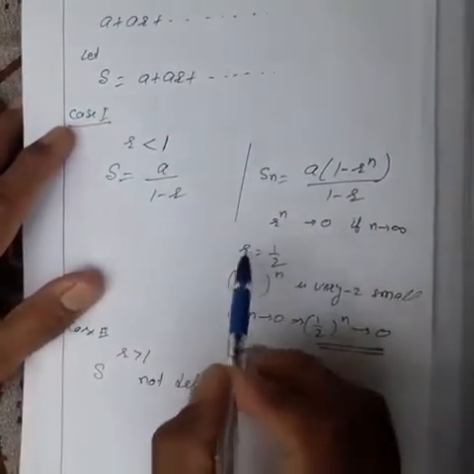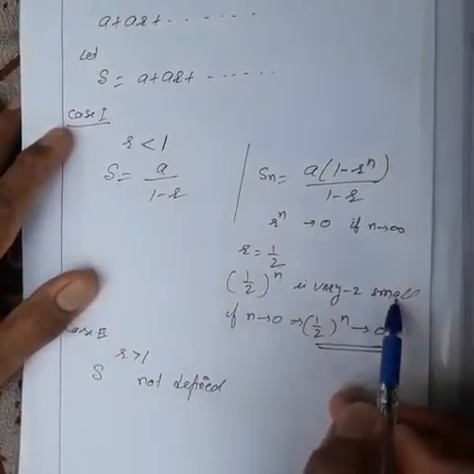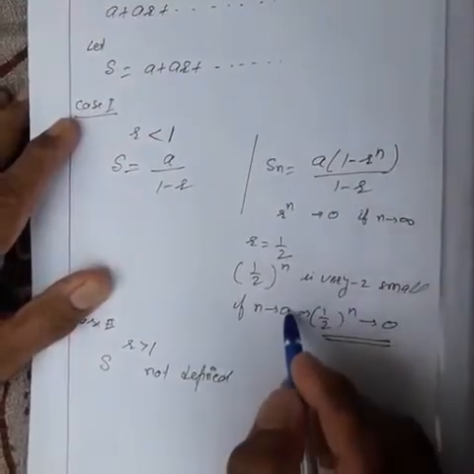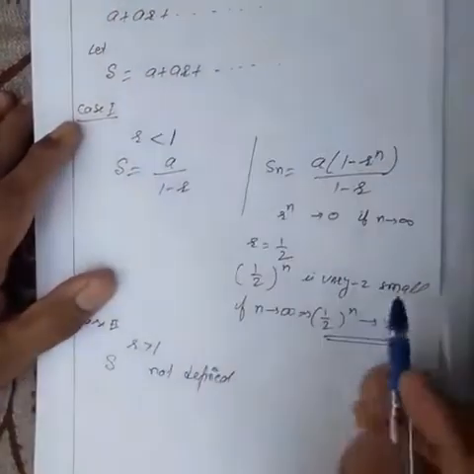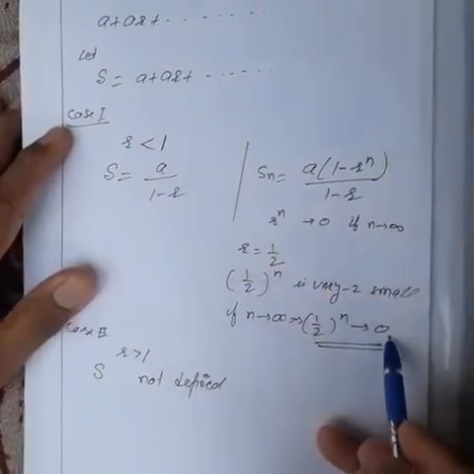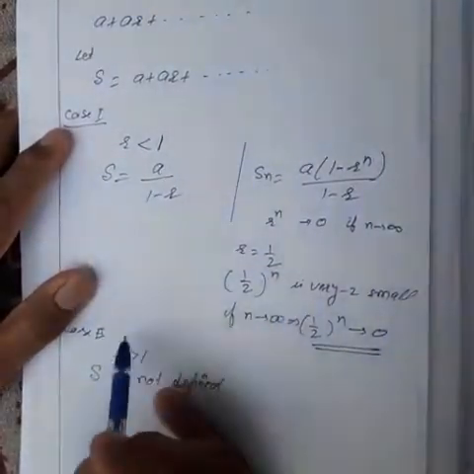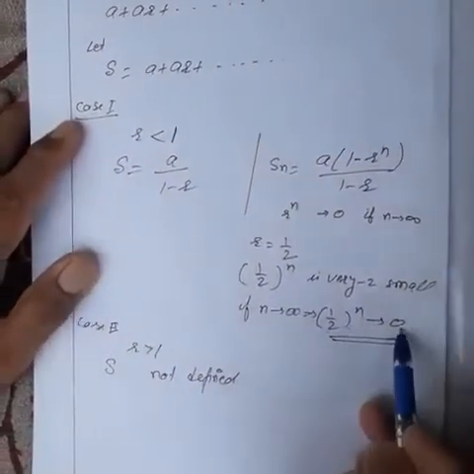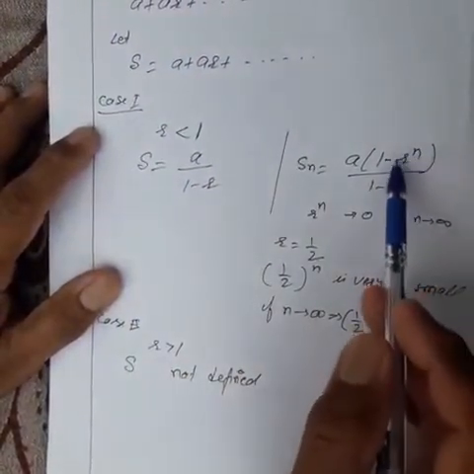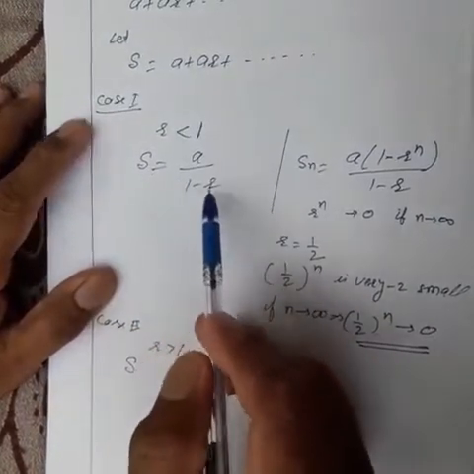For example, if r is 1 upon 2, (1 upon 2) raised to the power n will be very, very small. If n tends to infinity, (1 upon 2)ⁿ tends to 0. If n approaches infinity, this will be equal to 0. So this term will be 0 when r is very small. Therefore the formula will be S = a upon (1 − r).